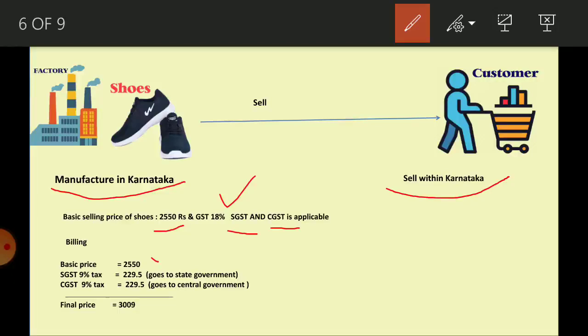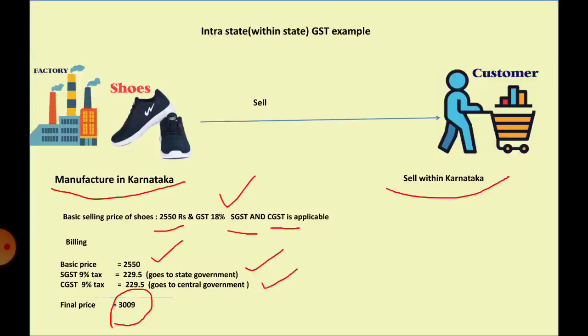Basic price is 2,550 rupees, 9% is a state GST, the 229 rupees goes to the state government and 9% is a CGST. 9% of 2,550 rupees is 229 rupees. This goes to central government. Total cost to the customer is 3,009 rupees. Here, the manufacturer of the shoe collects the tax from a buyer and deposits it to the government.